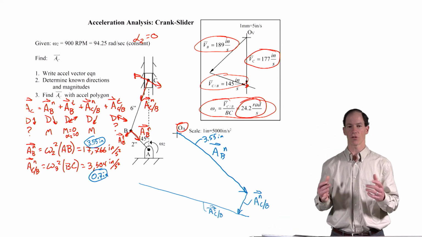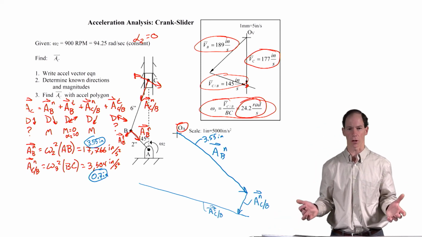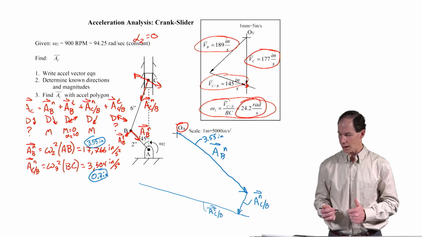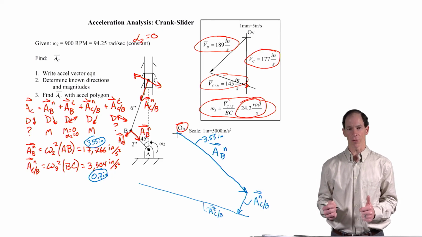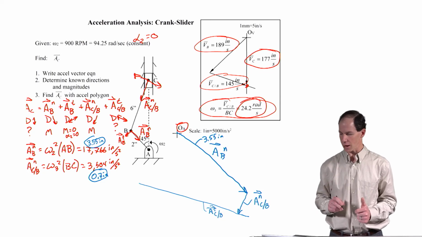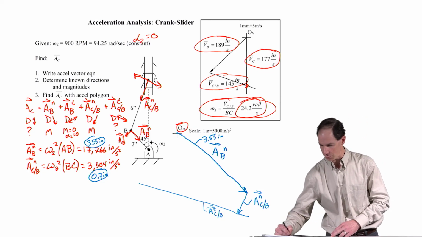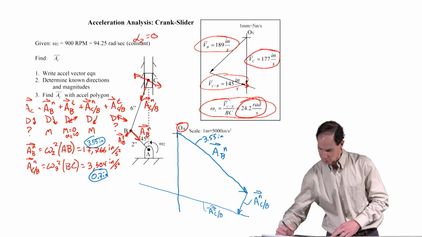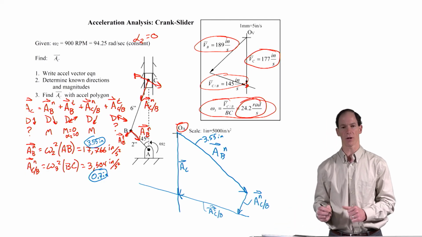I know its direction, but not its magnitude, so I drew it as a long line. And finally, I now have the acceleration of C, where I know the direction of it, which is vertically up and down along the axis of slide, but I don't know its magnitude, so I'm going to draw it vertically. I find its intersection right here. This would then be the acceleration of point C. This then also defines the acceleration of C with respect to B tangential.